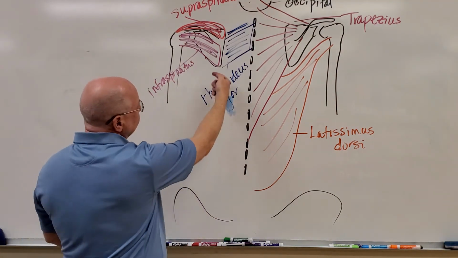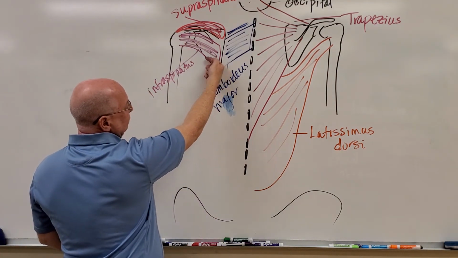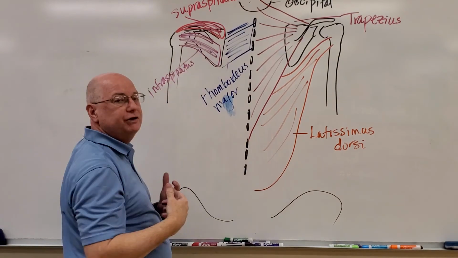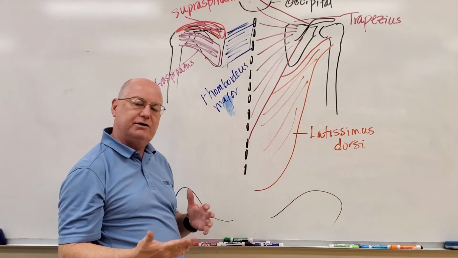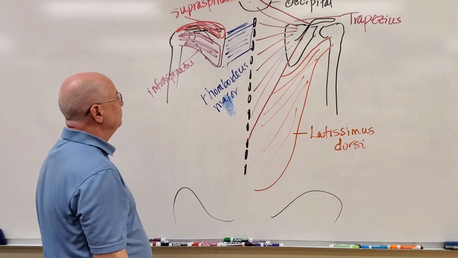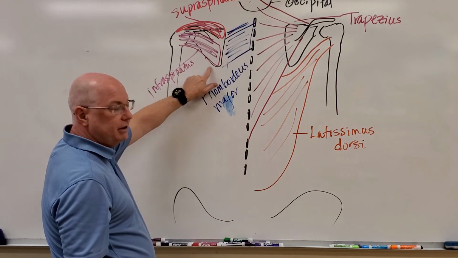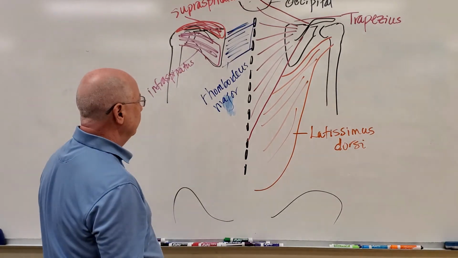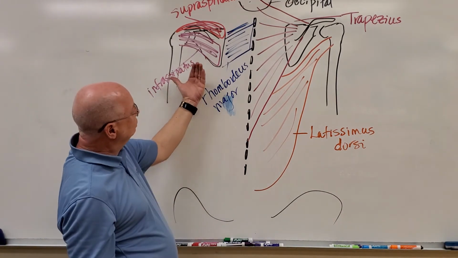There's a couple of muscles that attach right here underneath and go over here called the teres. There's a teres major and a teres minor. I'm not going to put them on my drawing, but we will see them on the model. And they would be right here, the teres major and teres minor. There's another muscle that sits underneath.